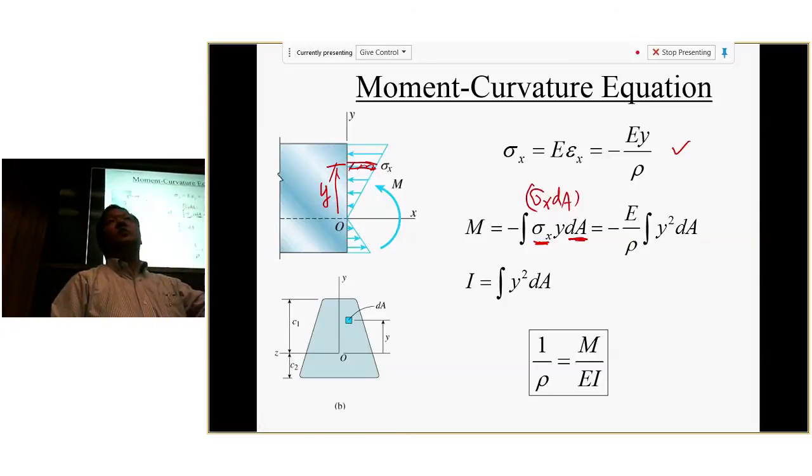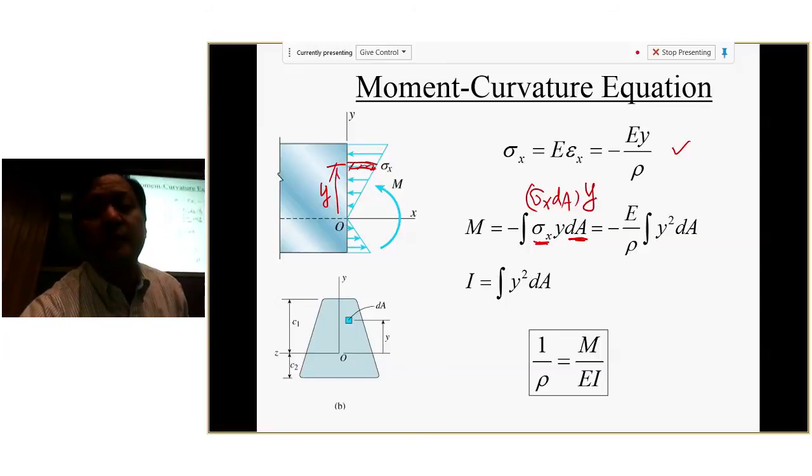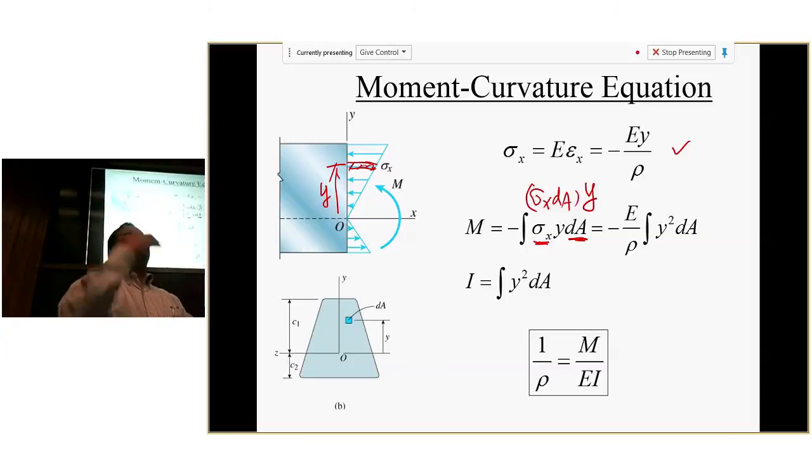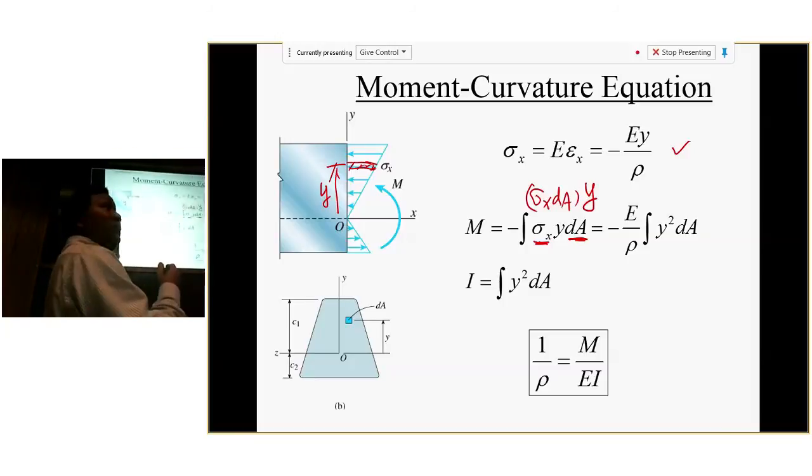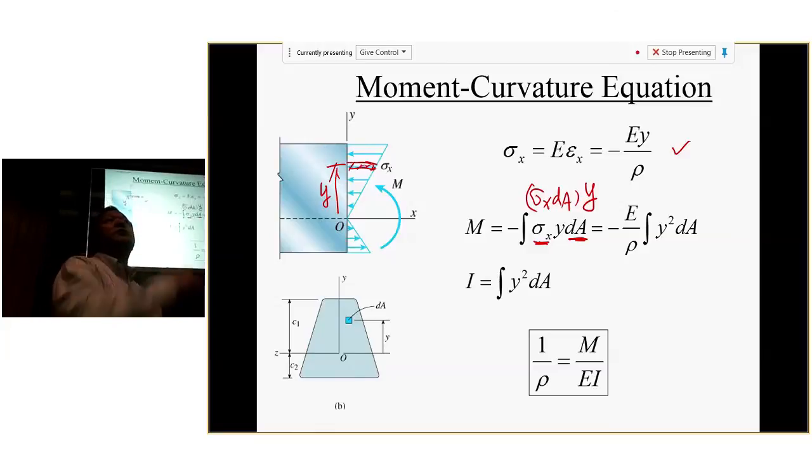Now how do you calculate the moment of this force? Force times the distance, the arm, so you multiply by y. That gives you the moment of this local force about the point O, the neutral axis point.